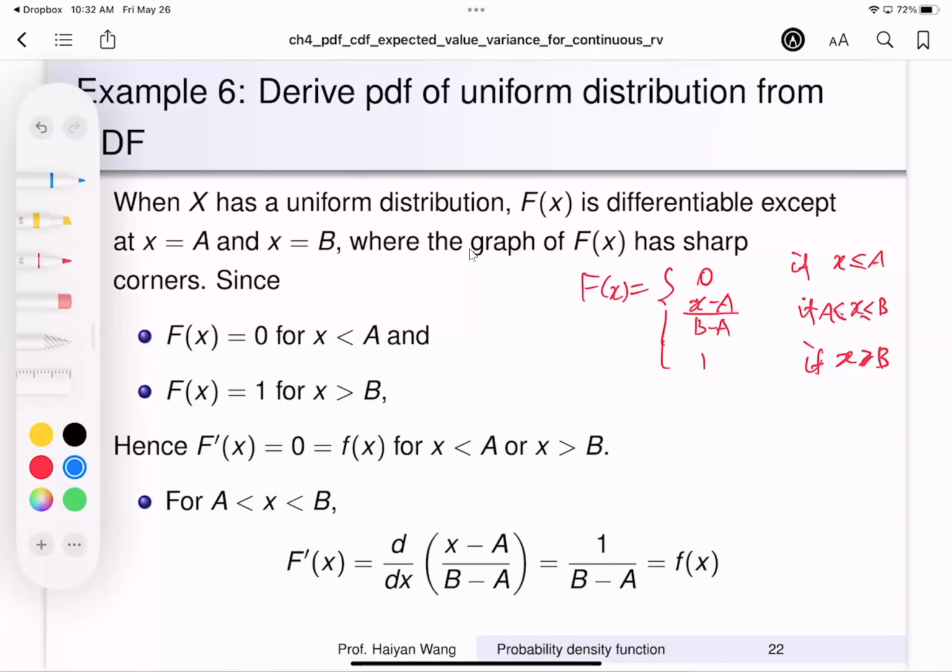On the first part, when X is less than or equal to A, the derivative gives us 0. Similarly, for X greater than or equal to B, the derivative is also 0. And in the middle, the derivative gives us 1 over B minus A. That's why our density function is simply 1 over B minus A.